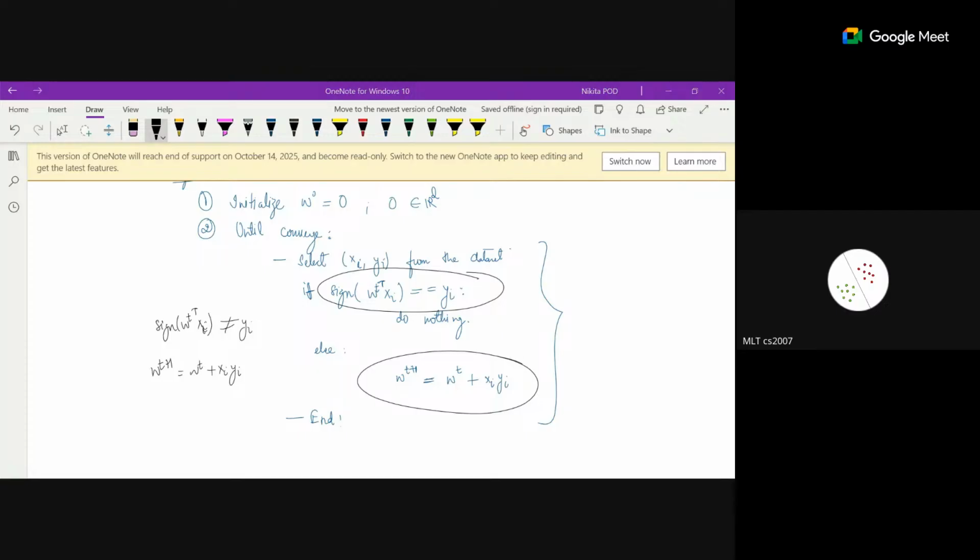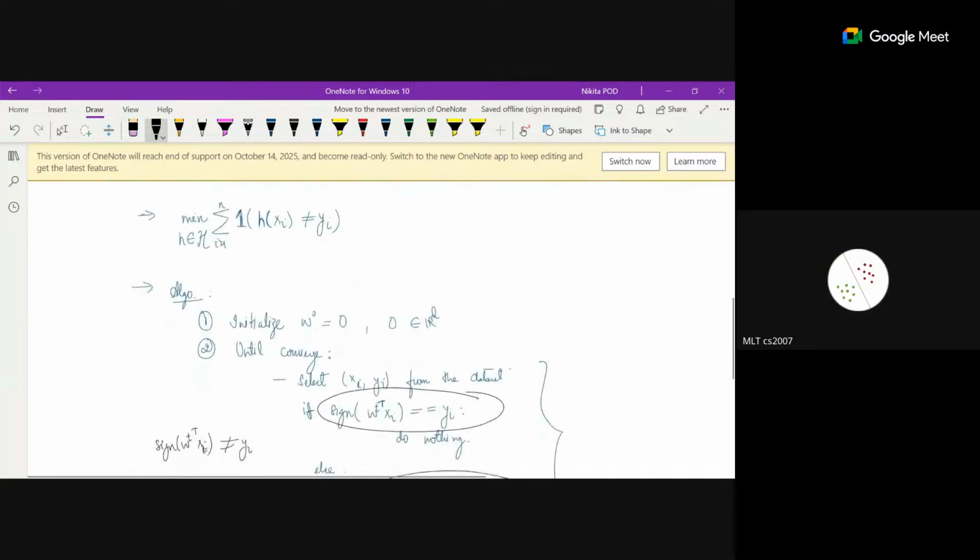Is there anything? Yeah, you can tell. Ma'am, if my W transpose X is 0, which class will it go to, positive or negative?